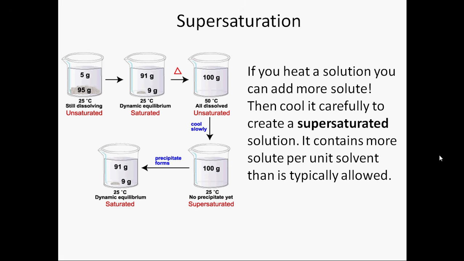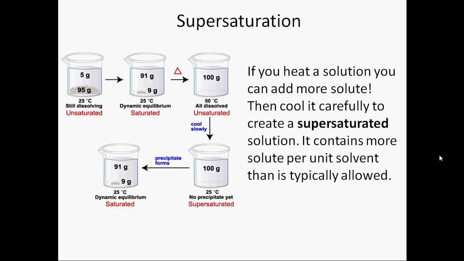Okay, this is why when you make Jell-O, you're always told to dissolve the Jell-O powder in boiling water, even though you're going to refrigerate it later. It seems like extra work that doesn't seem necessary. But as it turns out, by adding the Jell-O powder to boiling water, we can actually cram more sugar and more gelatin into the water than that same amount of cold water would be willing to take.